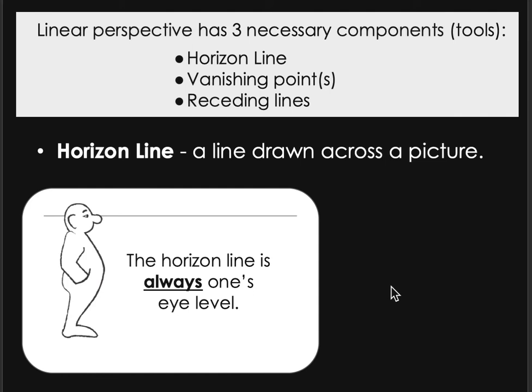But with perspective, you have a horizon line. Think of a horizontal line. A horizon line is simply a line that's drawn across the picture, a line that's drawn across your composition. And this line, wherever you place it on the page, is communicating that that's where the horizon is, obviously, but that's always where your eye is going to look.